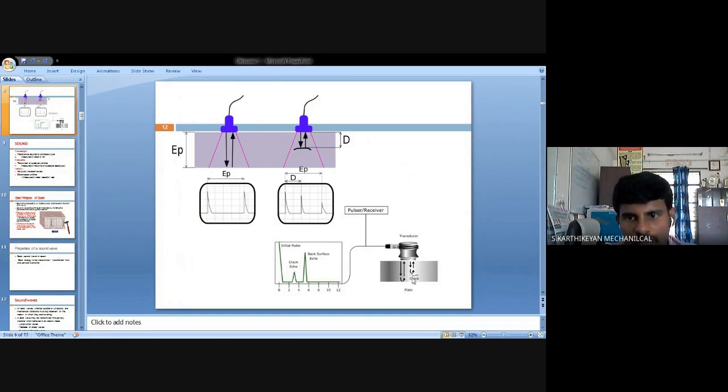If the crack is of small dimension, we get a peak like this. Once the sound is propagated and meets the crack, it will not pass through the crack, so it immediately returns to the receiver. So the peak signal is shown like this, right?